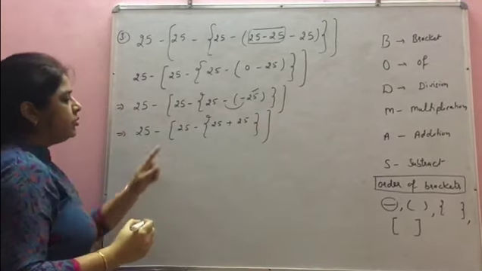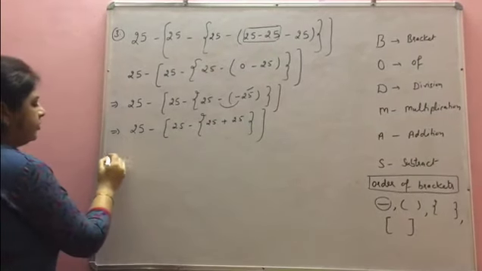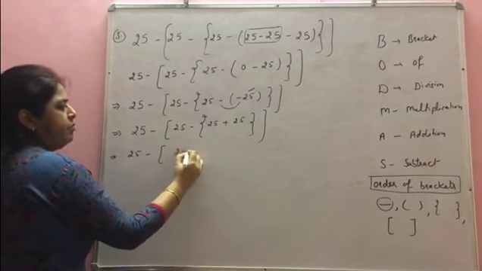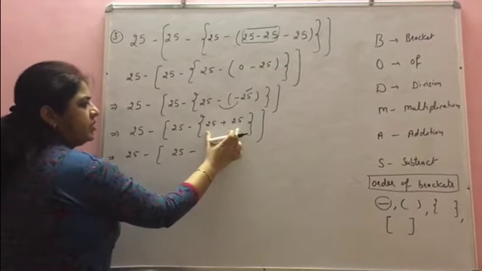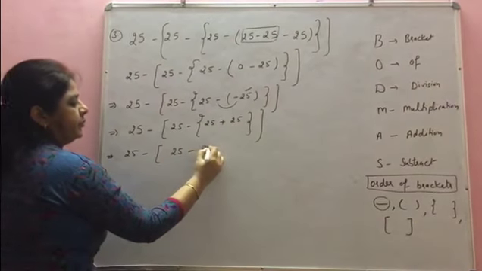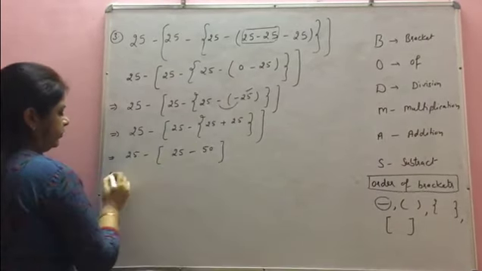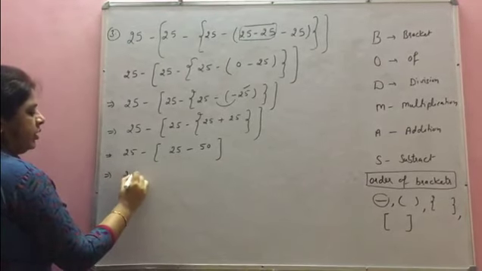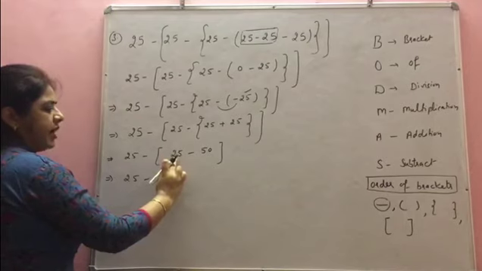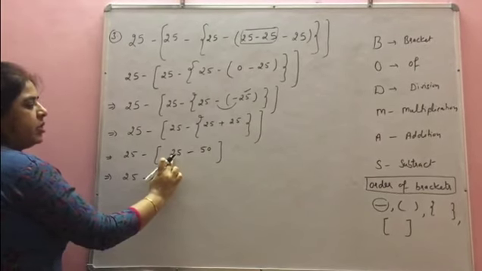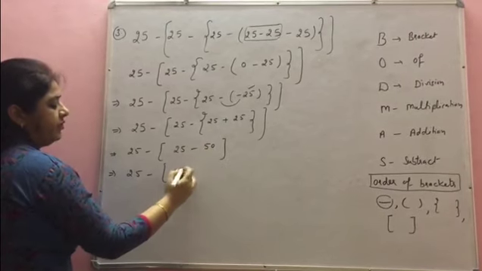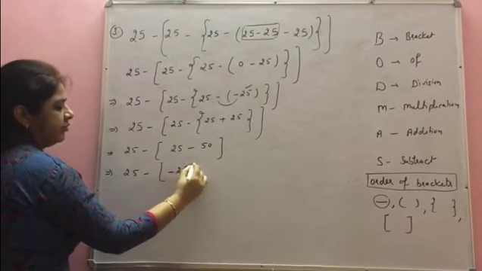Now is the turn to solve the curl bracket. 25 minus, what is the answer of this curl bracket? 25 plus 25, it's 50. Now the same thing, the larger number we are subtracting from the smaller number, so the answer would be in negative form. 25 minus 50 will be minus 25.